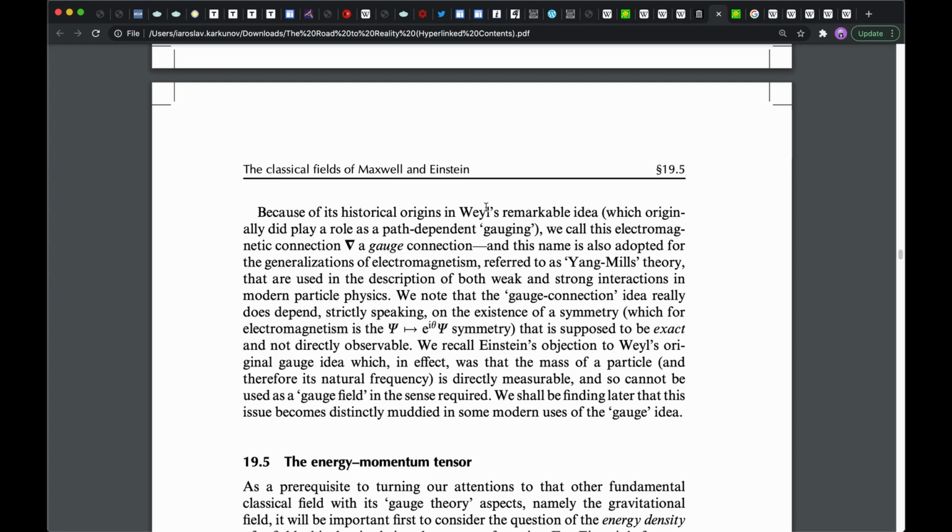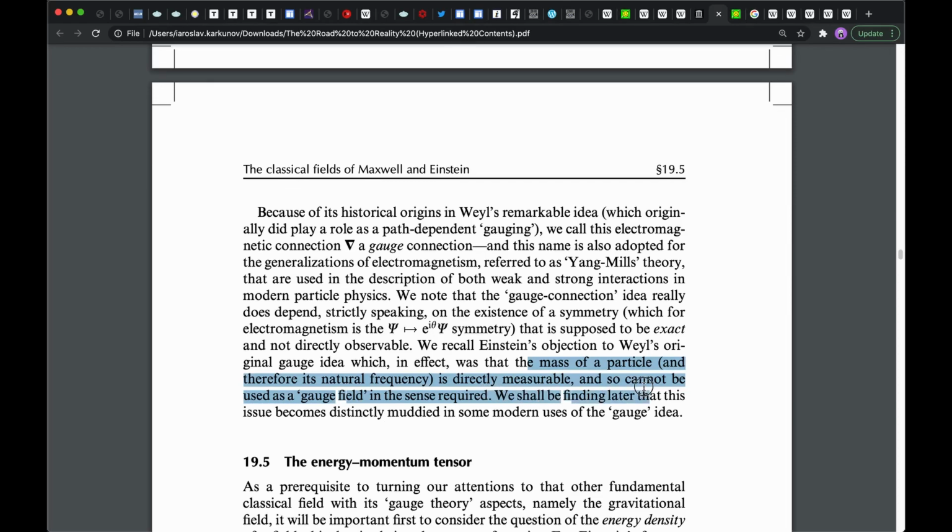Yeah, and he says that the gauge connection idea really does depend, strictly speaking, on the existence of a symmetry that is supposed to be exact and not directly observable. And he recalls that Einstein's objection to Weyl's original gauge idea was that the mass of the particle, and therefore its natural frequency, is directly measurable and so cannot be used as a gauge field in the sense required.